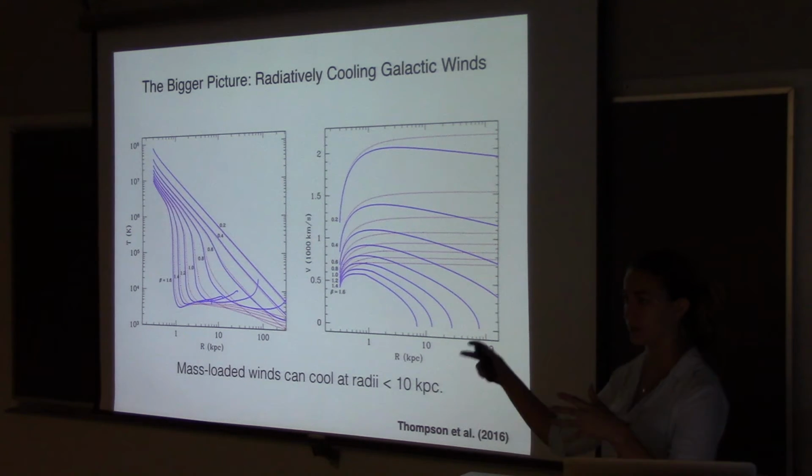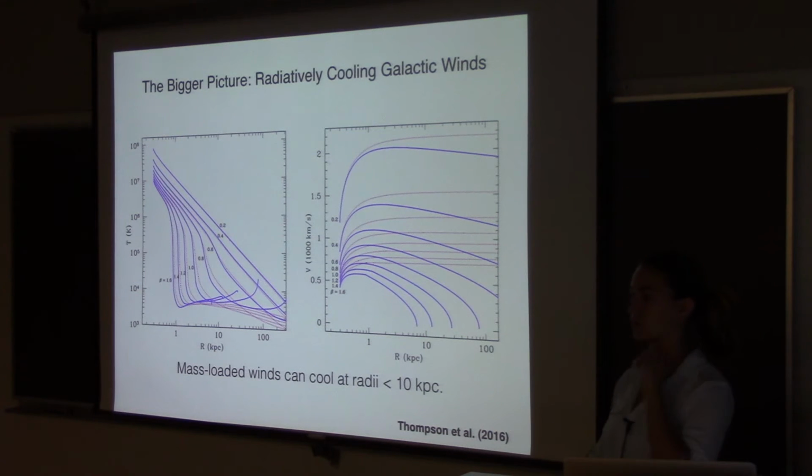So as I mentioned, you've got this hot gas that we think is traveling at 1,000 or more kilometers per second. And what these plots show is, as a function of radius from the galaxy and temperature here, and radius from the galaxy and velocity here, the amount that you mass load that hot gas, here beta, which is going from 0.2 to 1.6. Beta is basically how much more mass you have incorporated into the hot phase as compared to what you would expect just from the supernovae.